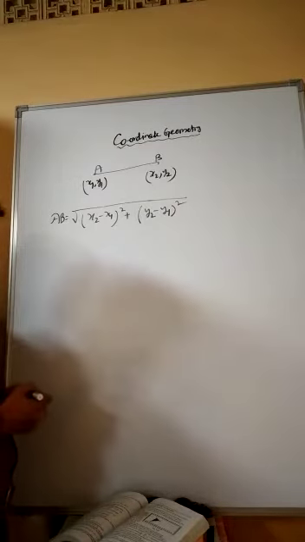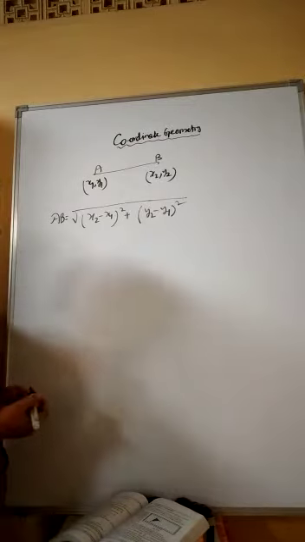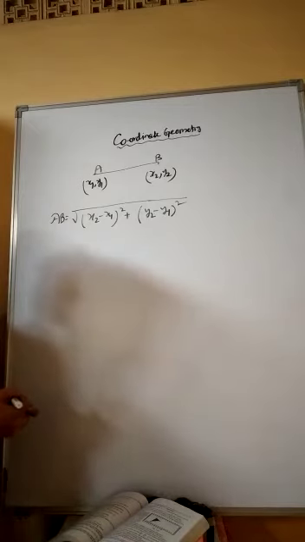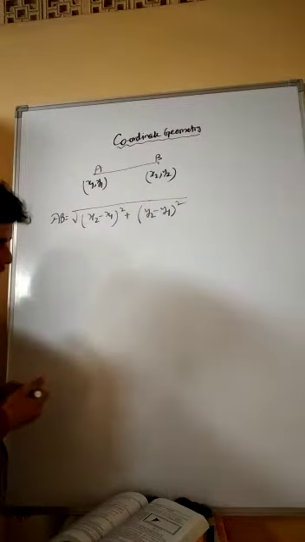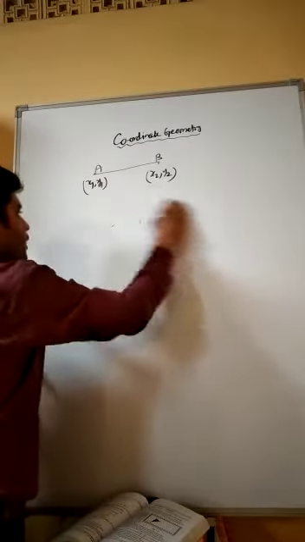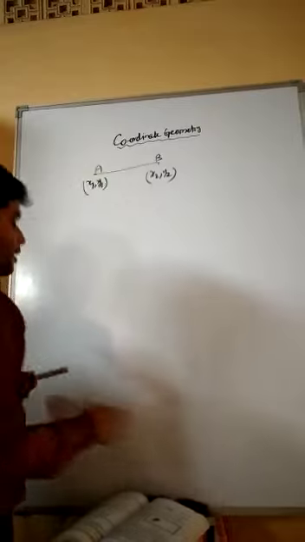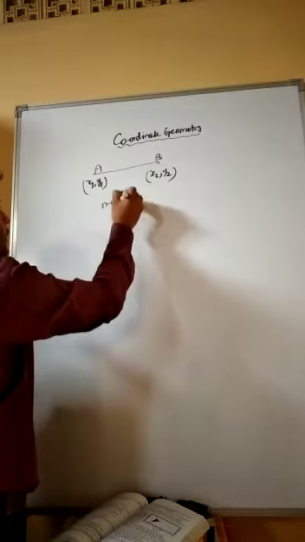Now next concept is the section formula. Section formula means, suppose we are going to divide a line segment in a ratio m:n, then what is the coordinate of the point? Suppose this is the line segment AB. Now we are going to divide this line segment AB in a ratio, suppose m:n, internally.